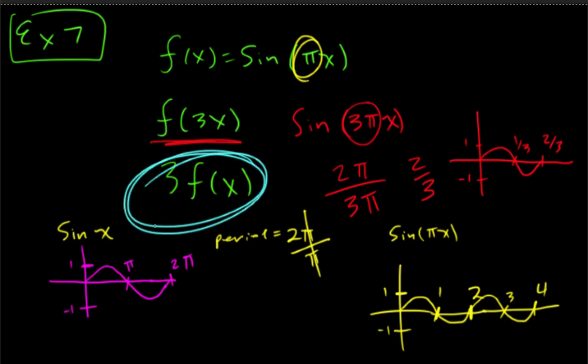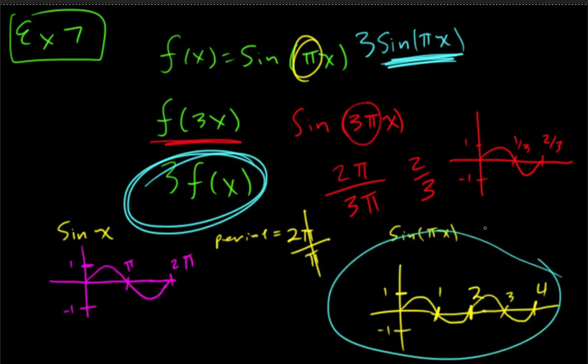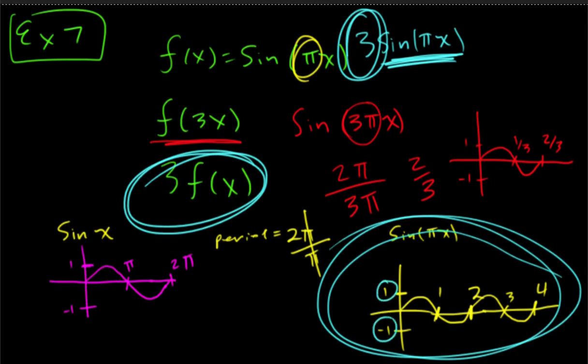This last one, running out of room, but we're going to say sine of pi x, and then all of that is multiplied by 3. If we just look at the horizontal part, it's going to be exactly like this one. Now, what the 3 is going to do in this case is affect these maximums.